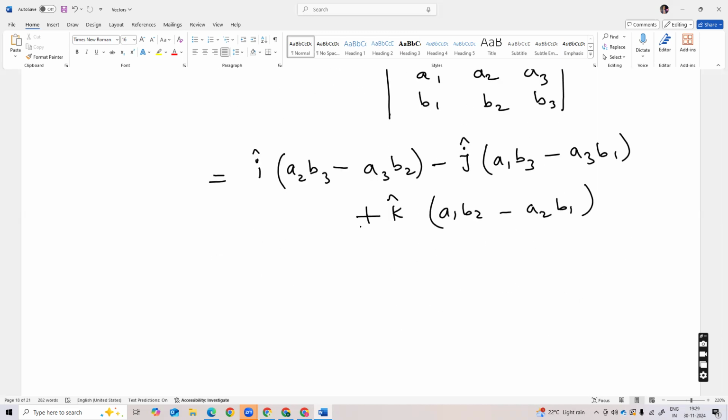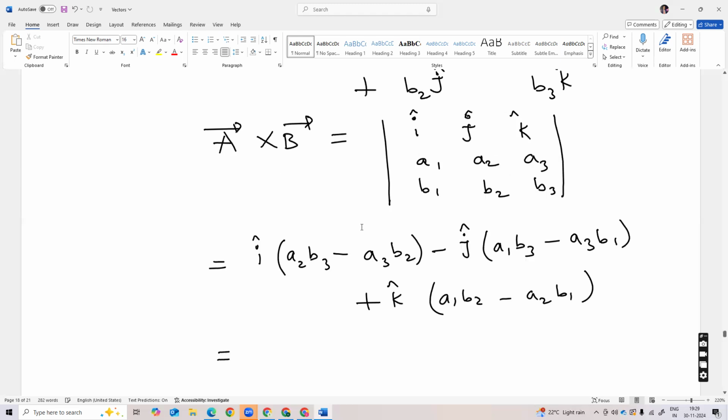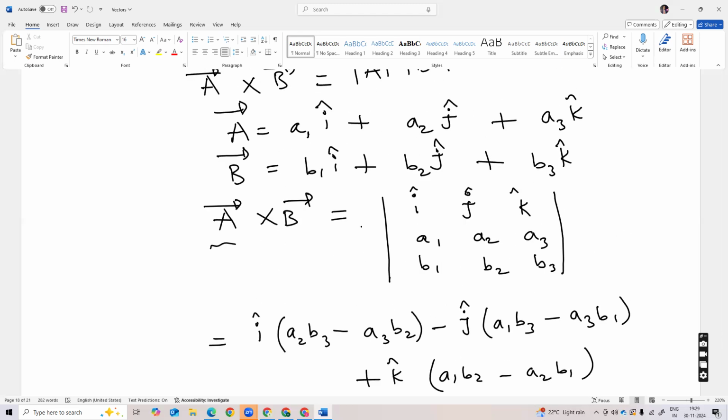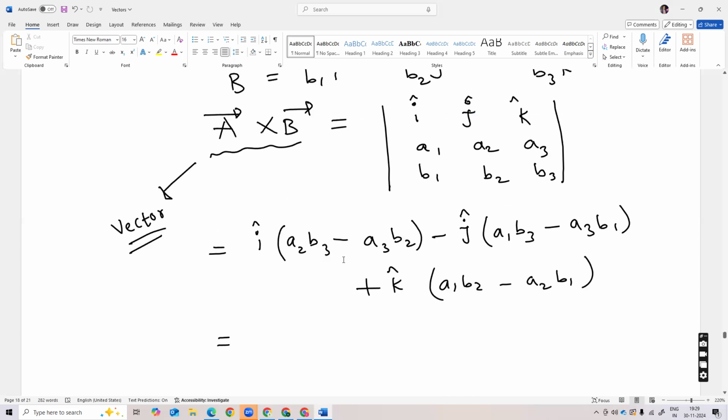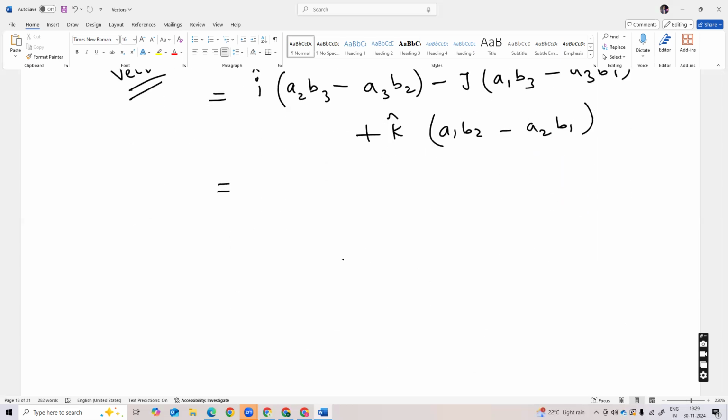You can see that the final answer of this cross product is basically a vector, and therefore it is known as vector product. First thing you should notice, we have written here a cross b, but a cross b is not necessarily equal to b cross a, it can be different, so you should keep it in your mind.